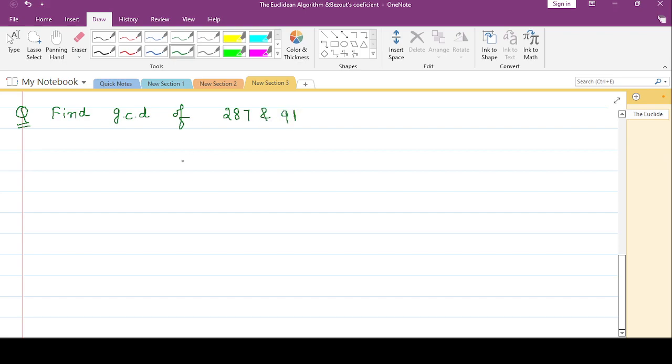Okay. So now what you do, you clearly see here that as 91 is less than 287, this 287 becomes dividend. Okay. And this 91 becomes divisor.